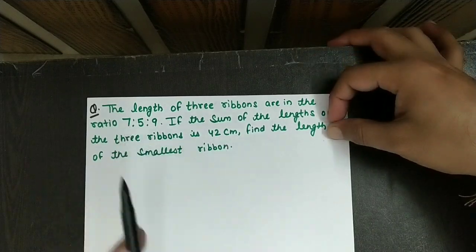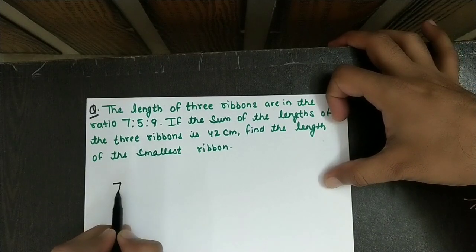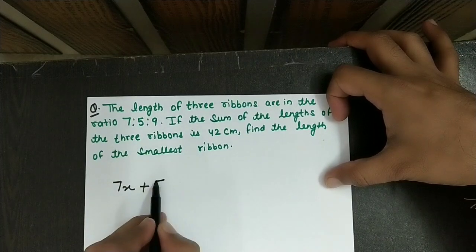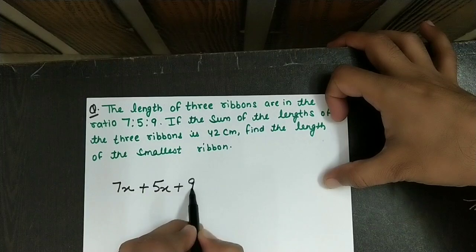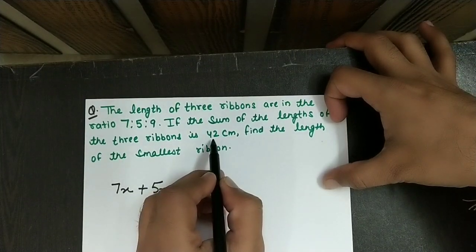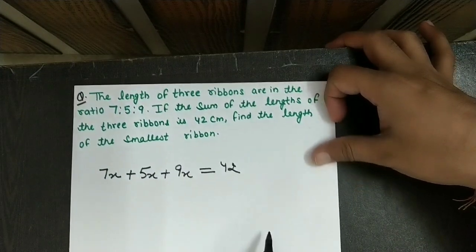So here also we will take one variable as x. The length of the first ribbon is 7x, the second ribbon is 5x, the third ribbon is 9x, and the sum of these three is 42.